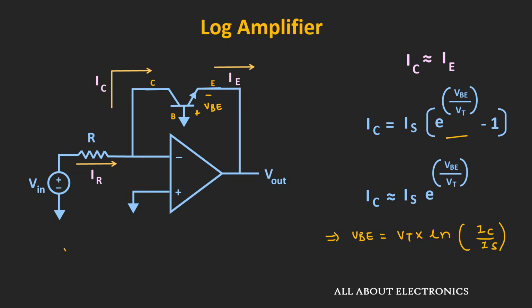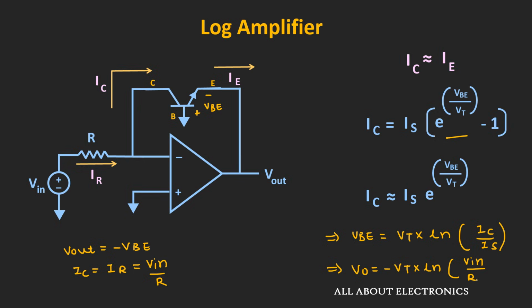Now earlier we have written that this output voltage Vout will be equal to minus VBE, and this collector current IC will be equal to the current that is flowing through this resistor R, that is equal to Vin divided by this resistor R. So from this we can say that the output voltage Vout will be equal to minus Vt times the natural log of Vin divided by R times the saturation current Is. So this is the expression of the output voltage for the log amplifier which is designed using the transistor.